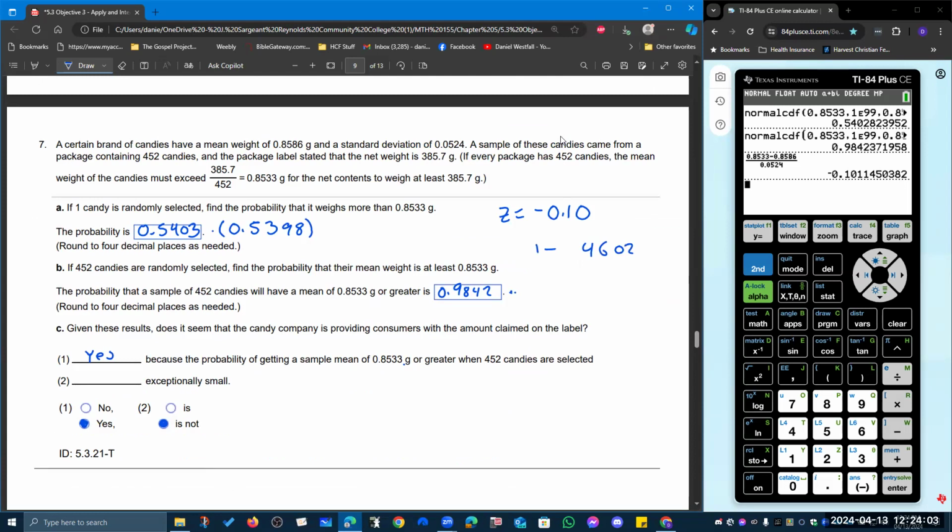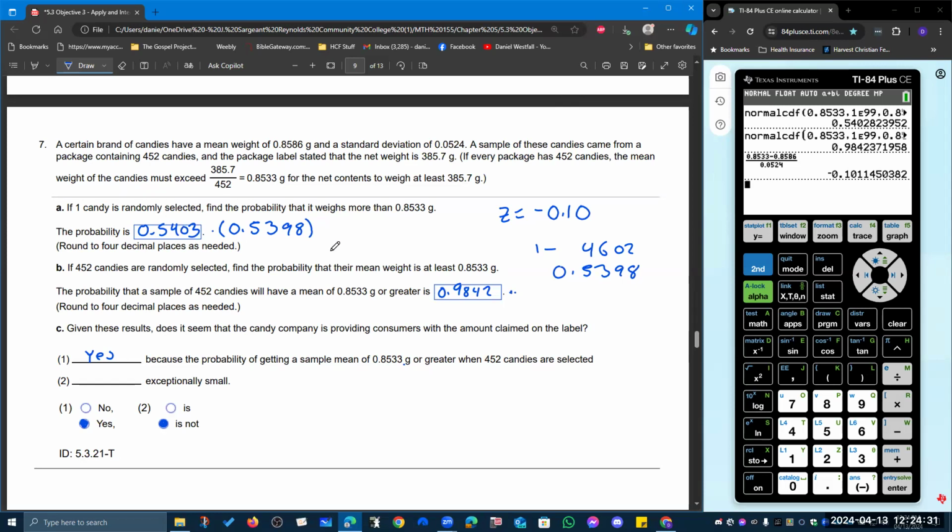And they did 1 minus that, and that's how they came up with 5398. Even though they said they were using technology, I think they used the Z table. This is what you'll get if you use technology, though. So hope that makes sense.